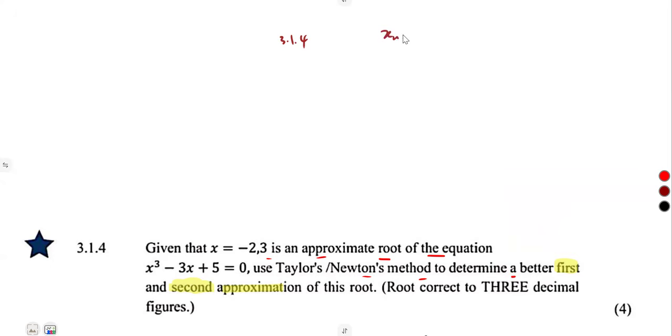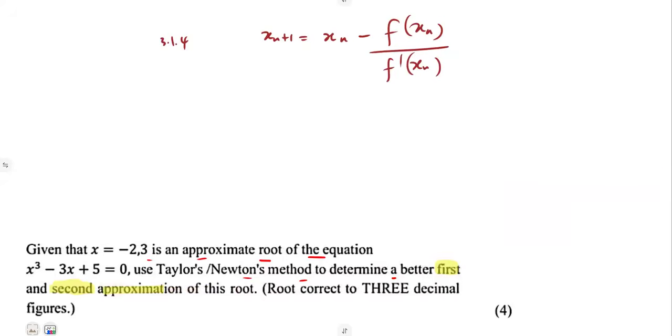So a better approximation from Newton's method. Remember, it is simply x(n+1) is equal to xn minus f of xn over the first derivative of xn, where in our case we are going to take the first root as our approximate, that's x naught, minus 2.3. So in our formula, when n is 0, this will be x1.